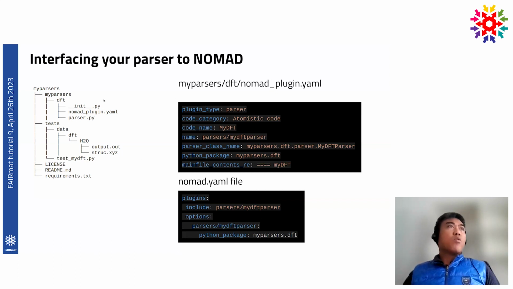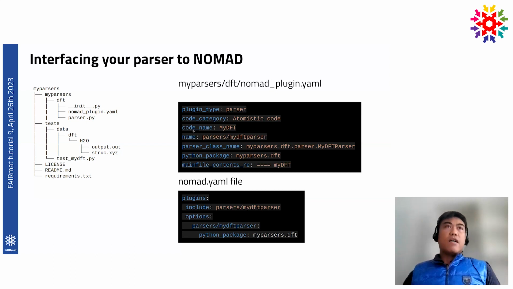Now, it's very important to specify this metadata in NOMAD plugin.yaml. We have to specify the plugin type, in this case, it's a parser. The category to which our code belongs, it's a DFT code, so we put it under atomistic code.